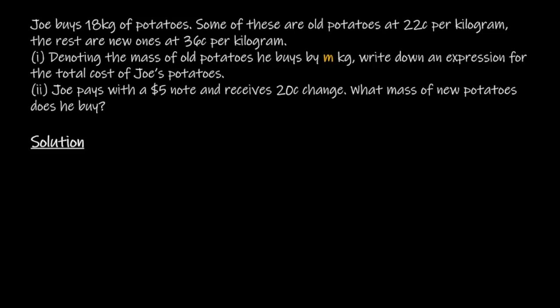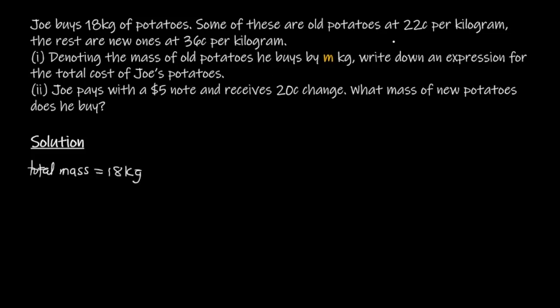Alright, so let's go ahead and solve this example. We're told that Joe buys 18 kilograms of potatoes. That's the total mass of the potatoes that he bought. So let's write that the total mass equals 18 kilograms.